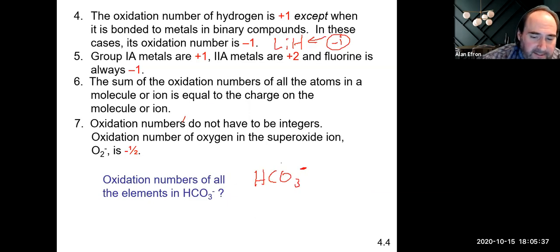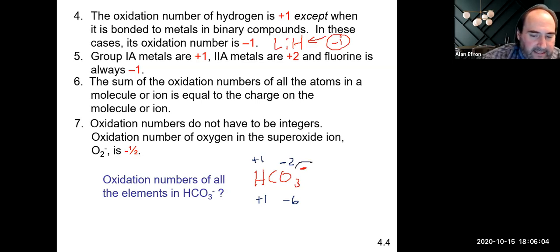Oxygen's oxidation state is -2, and there are 3 of them, which gives a grand total of -6. With 3 of them, I would go to the other side next, which is hydrogen, +1. So we have +1 for the hydrogen and -6 for all of the oxygens.